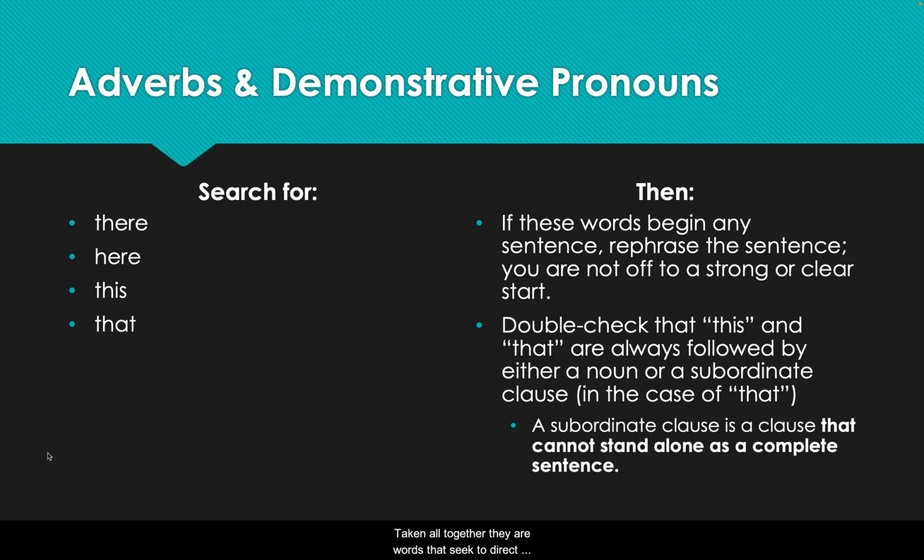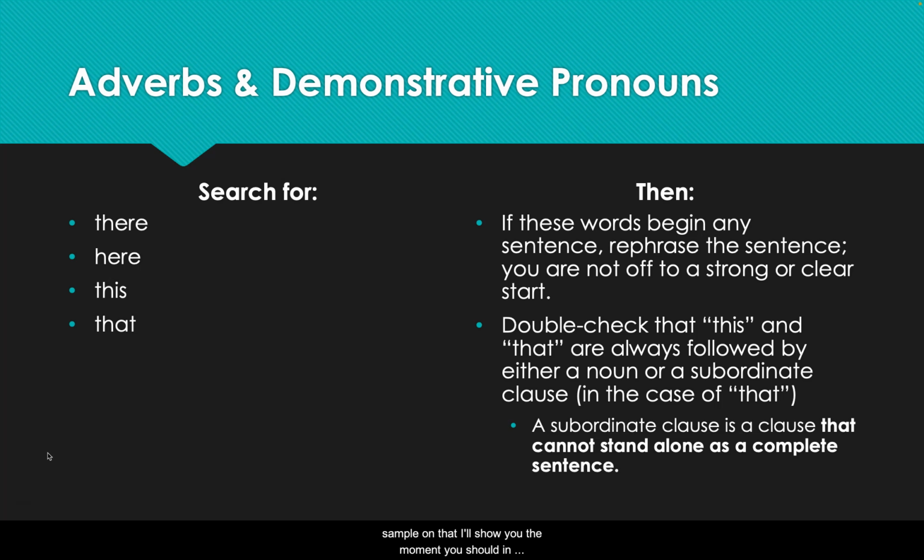But taken all together, they are words that seek to direct readerly attention, and you can do that with more specific verbs, which we'll talk about in a little while. So if you look through your essay, again, using Control F and clicking through each instance of these words, if any of these words start a sentence, you should rephrase the sentence because you're not off to a very strong or clear start.